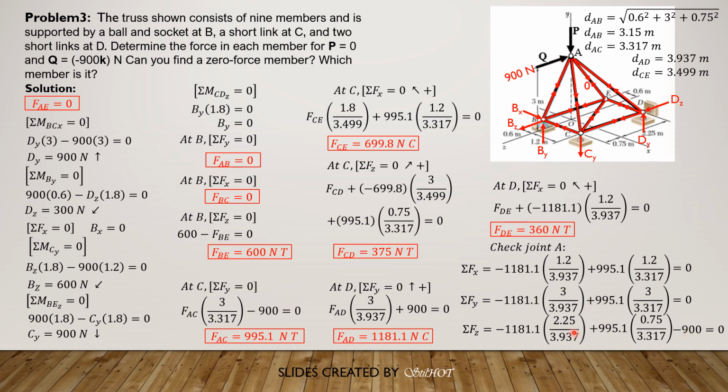Then lastly, summation forces along Z equals FAD, negative 1181.1, times Z component of distance 2.25 over distance 3.937, plus 995.1 times 0.75 over distance of AC 3.317, and minus 900. Evaluating, that's also 0. So that checks all our answers.